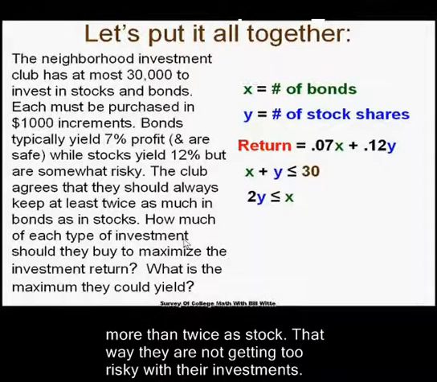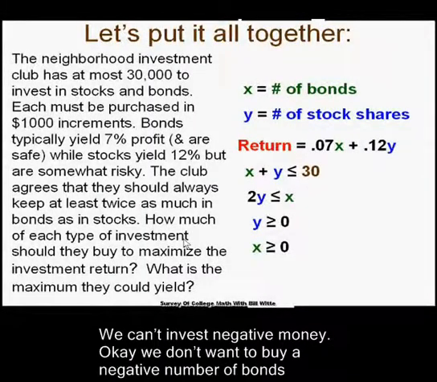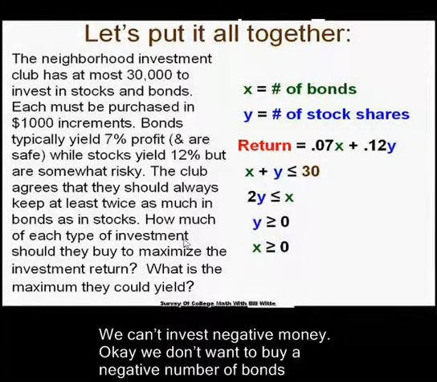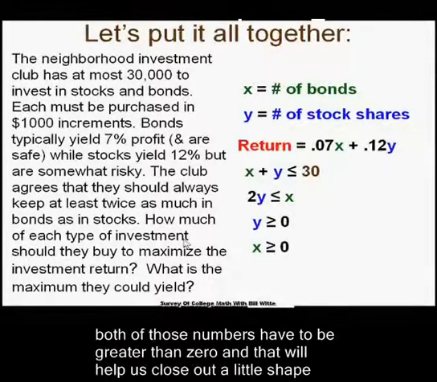Okay, any other constraints that they haven't really said? Now there's our usuals. We're not going to invest negative money. We're not going to buy negative bonds, and we're not going to buy negative stock. So both of those numbers have to be greater than or equal to 0. And that will help us close out our little shape, whatever it is.